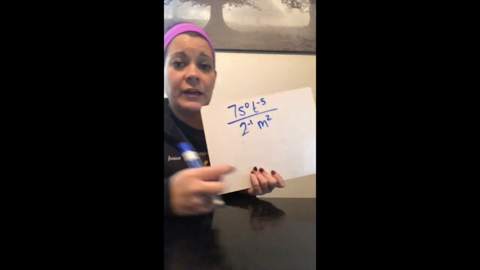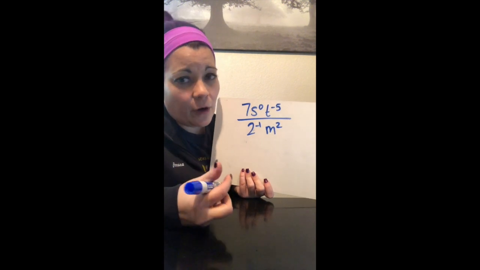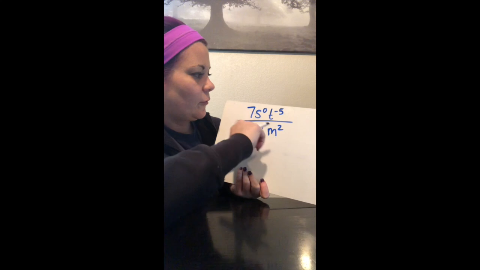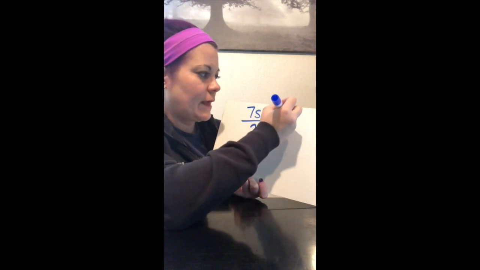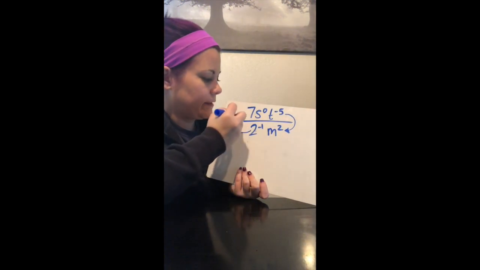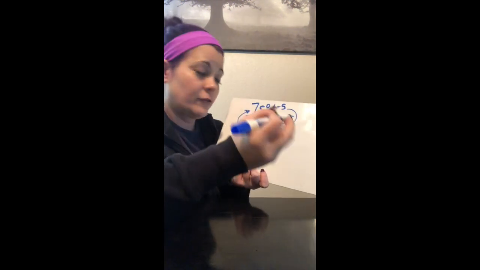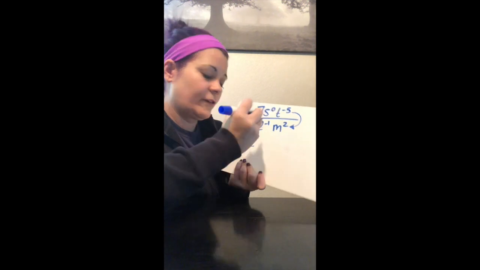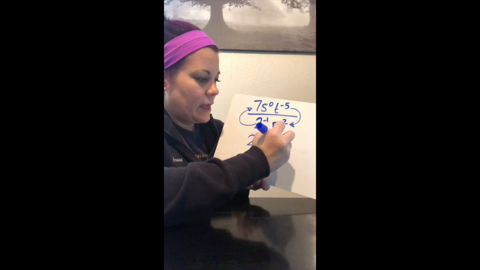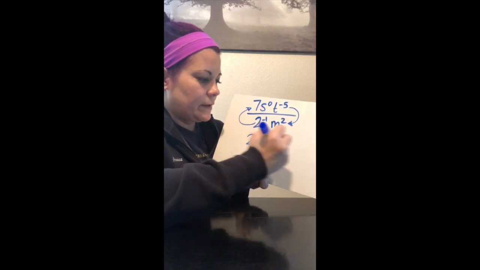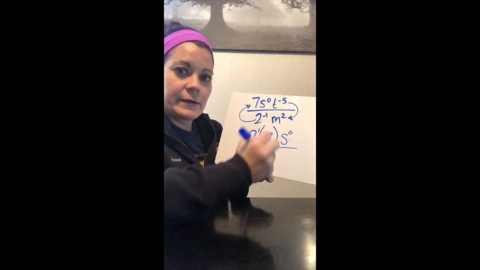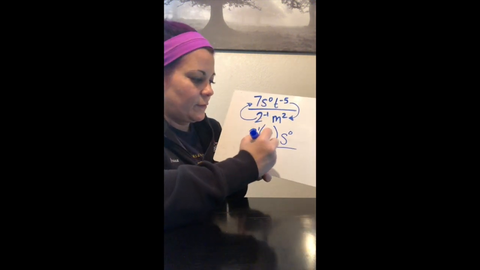Okay, when you're simplifying, just like I said before, you want to always start with the negative exponents, and then we can simplify even more after that. So we see t to the negative 5, so that's going to move down to the bottom. And we see 2 to the negative 1st, so that's going to move up to the top. So let's rewrite that. So 2 to the 1st, it becomes a positive exponent, times 7, and then we have s to the 0, and then all over m squared, and then the t to the 5th moves down.